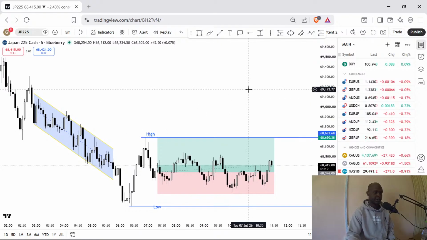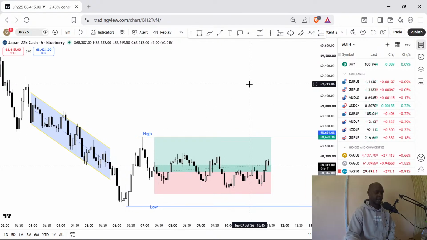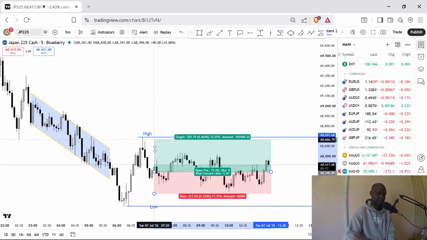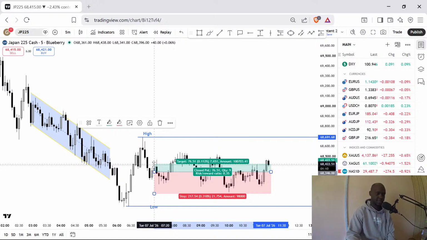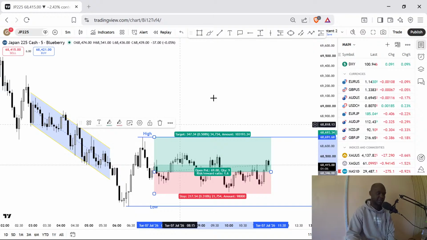Still waiting for price to break this high before we can start locking in some profits. Right now we are just above break even.